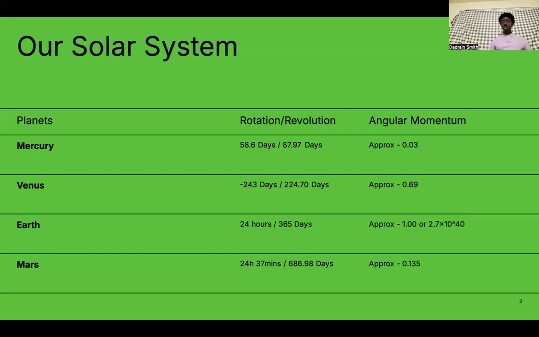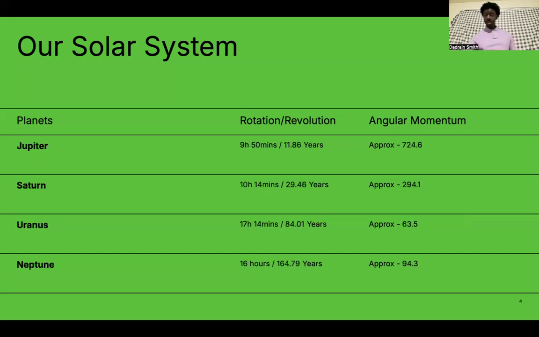Now, a pattern you'll see later on in the presentation is that the further away from the sun a planet is, the longer revolution it has around the sun, which makes sense. But surprisingly, the further away it is, the faster its rotation on its axis is, which I find very interesting.